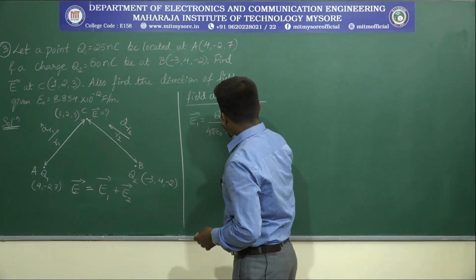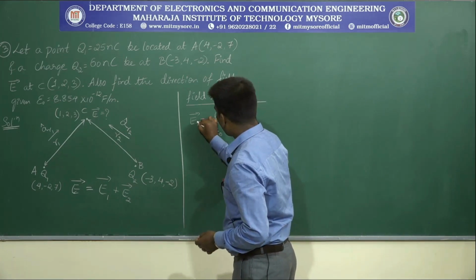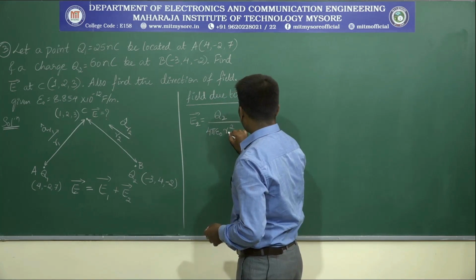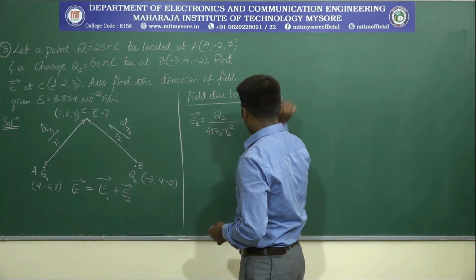Here this becomes Q2, this becomes E2, this is R2 square, this is A cap R2.